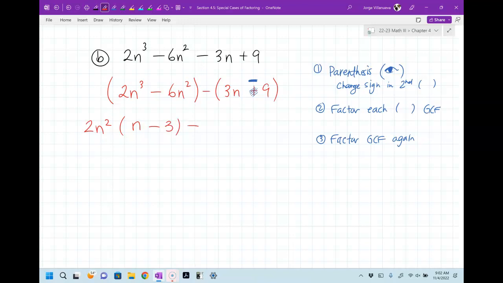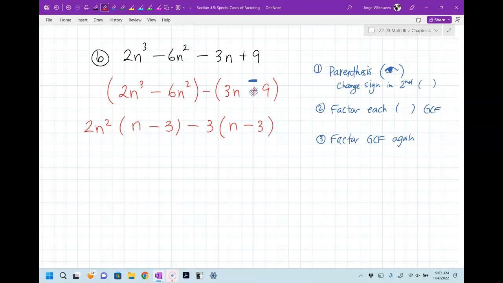Because 2n cubed divided by 2n squared, there's only an n left over. And then 6n squared divided by 2n squared, there's only a 3, because 6 divided by 2 is 3. And the n squareds will disappear. All right, what do I factor out of 3n minus 9? A 3. And if I factor out a 3, I end up with n minus 3.